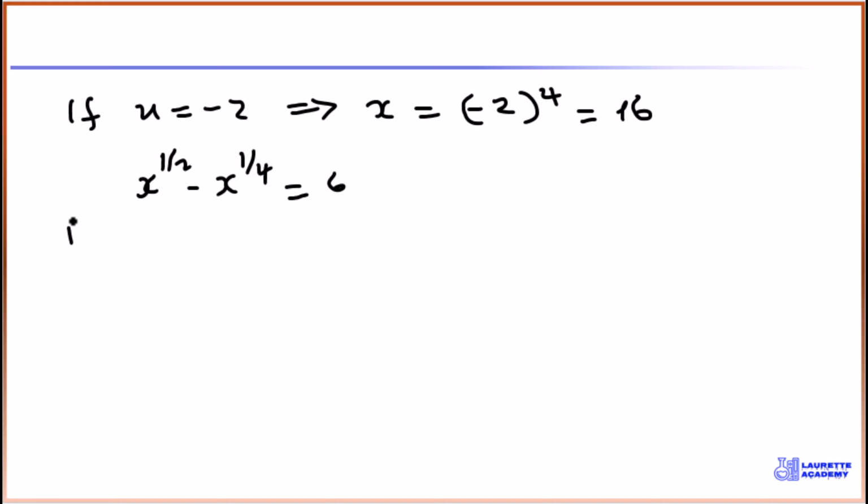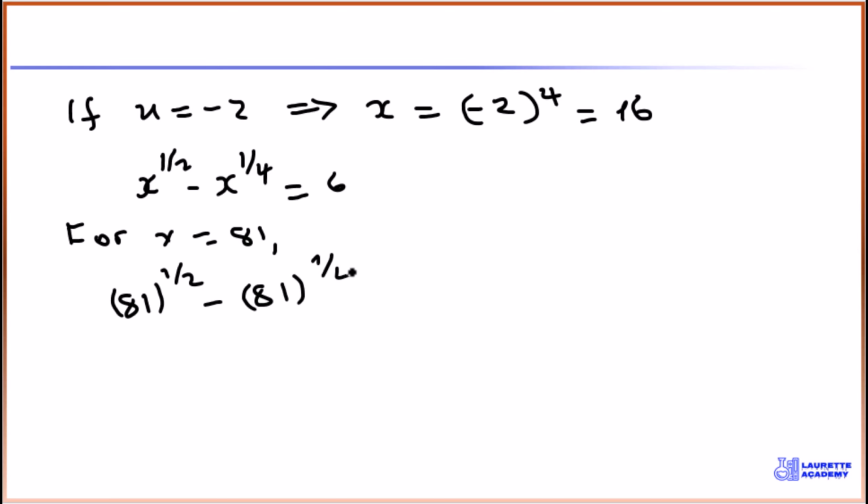So for x equals 81, we have that 81 raised to the power half minus 81 raised to the power 1/4 is equal to 6.